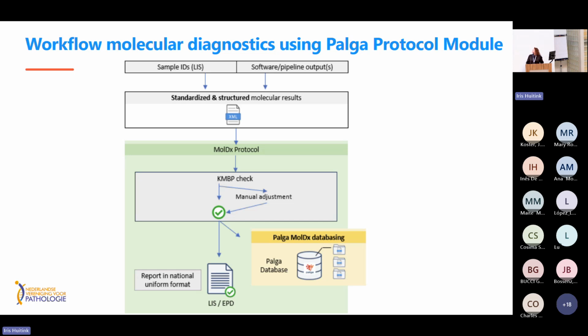And in the end, we end up with a pathology report containing all the molecular data that has been approved by the molecular biologist. And after that check, when we have that data, it can, on one hand, be used for the pathology report, so it's sent to the treating physician. But on the other hand, we store the data in the PALGA National Pathology Archive. So actually, we use it for the clinic, and also we store it in our database.